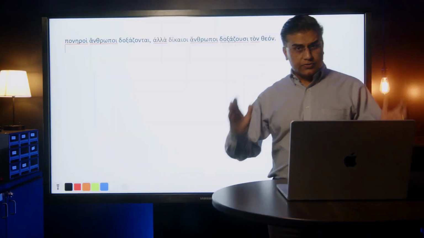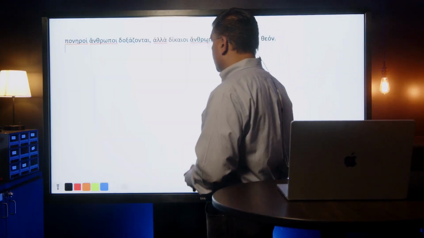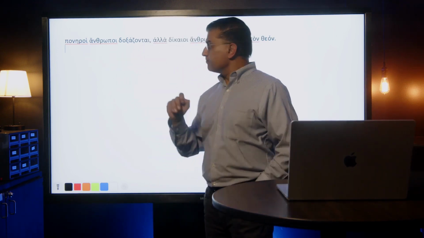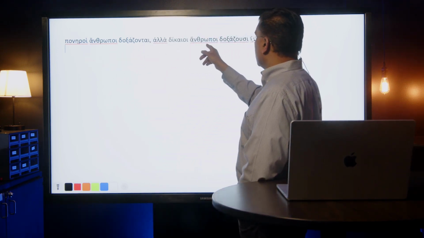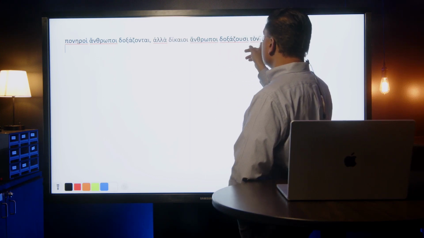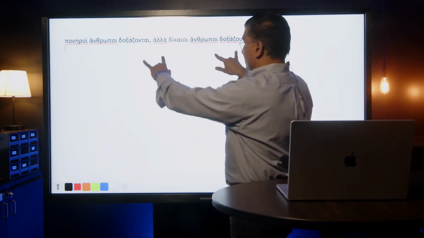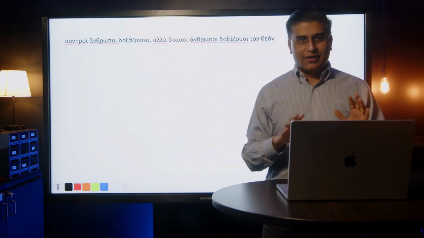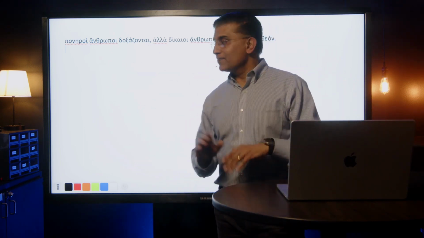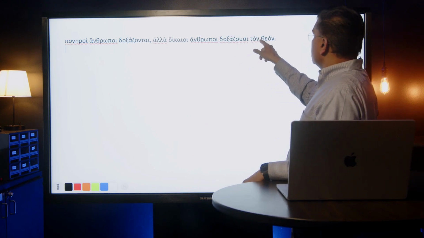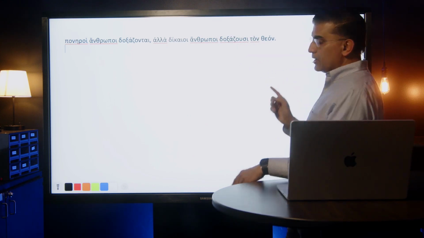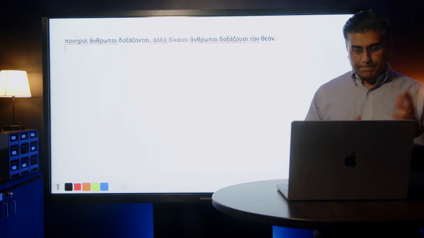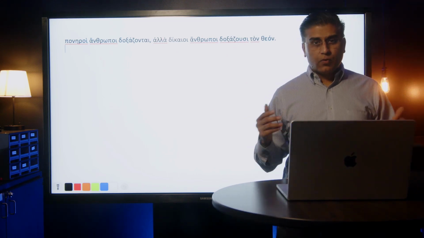All right, so let's do this one, number 6. Let's read it first. Poneroi anthropoi doxazontai, ala dikaioi anthropoi doxazousi. Those are coming from the same words, but they are different tenses. Doxazousi ton theon. Okay, so let's take them apart. Poneroi anthropoi, evil men.